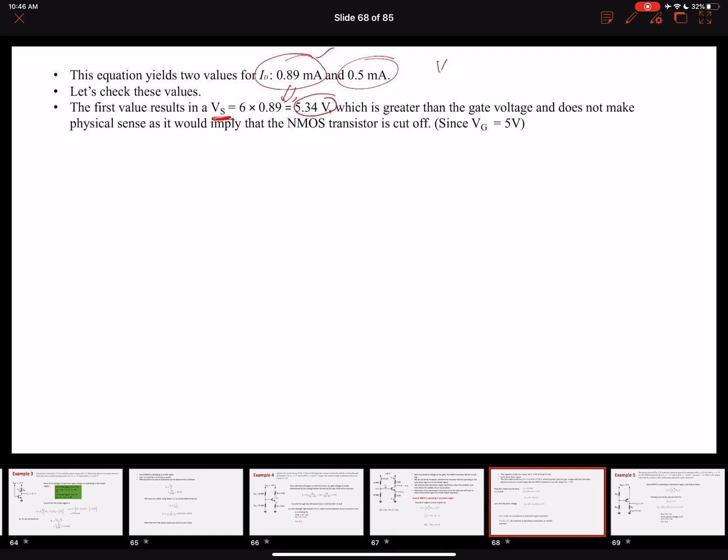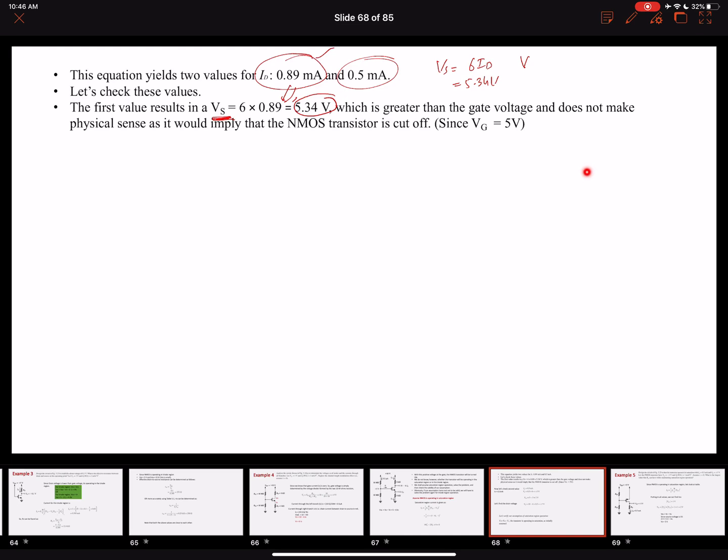We know that the source voltage is 6 times ID, so if we put this in, it comes out to be 5.3 volts. Now we know that in order for the transistor to be on, the gate to source voltage needs to be greater than the threshold voltage.